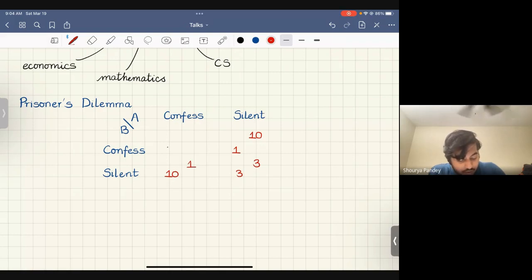And if both of them confess, they both get 5 years in jail. And let's just say A and B are not particularly friends; they just happen to collaborate on the crime. So what should A and B do?